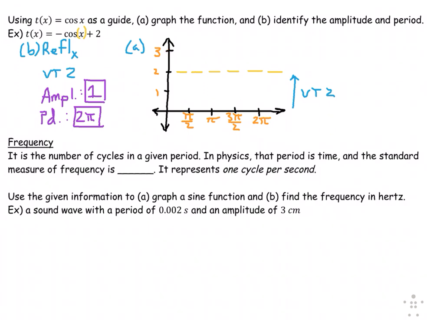But this time, we have a reflection over the x-axis where this baseline is that reference point. So instead of starting here, we have to start below. So the points this time look like a mirror image of the parent graph version.